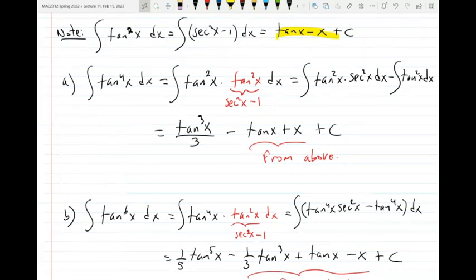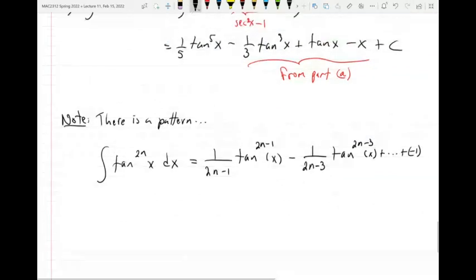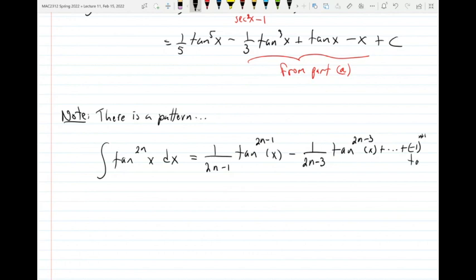So it will be 1 less: -1 to the n minus 1, or you can do to the n plus 1, whatever you want. Let me do -1 to the n plus 1 tangent, and then plus -1 to the n plus 2 x plus c. Basically I'm ensuring that whatever sign the tangent has, x gets the opposite one. If this is positive, this will be negative. If it's negative, this will be positive. That's why I wrote it.